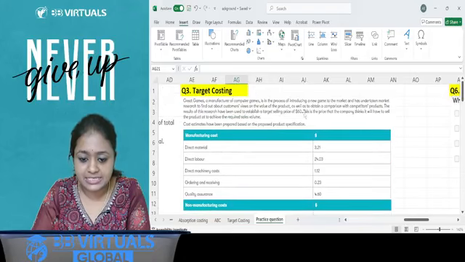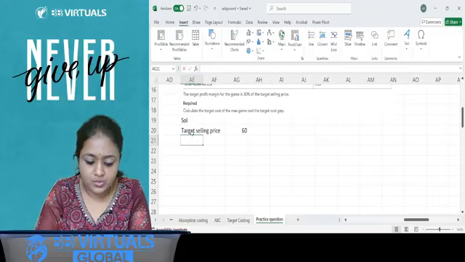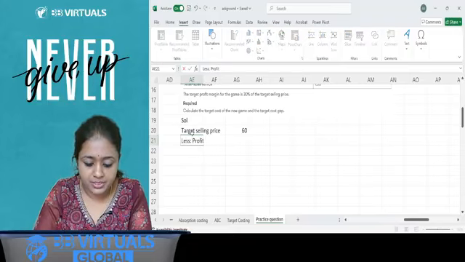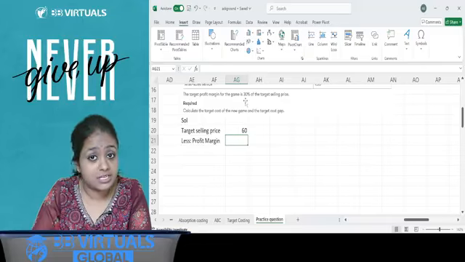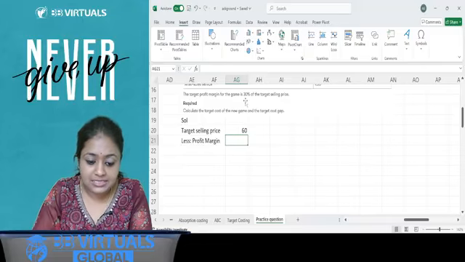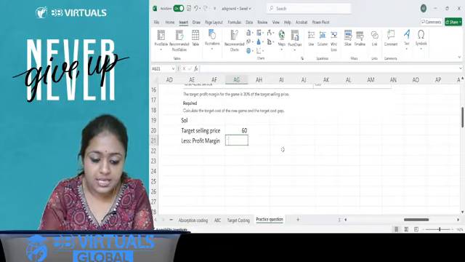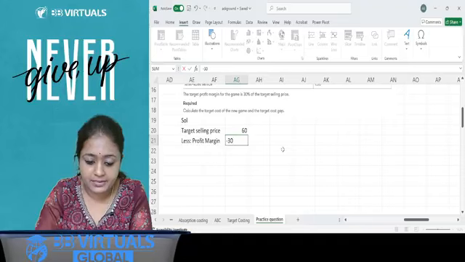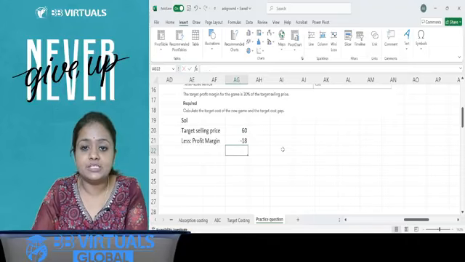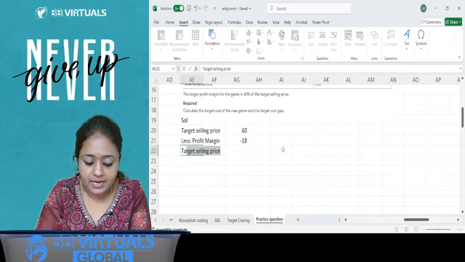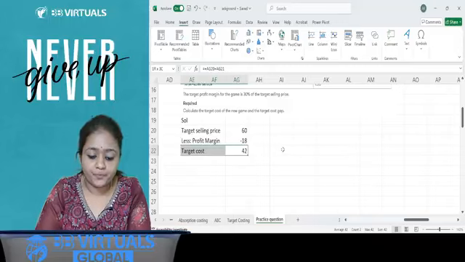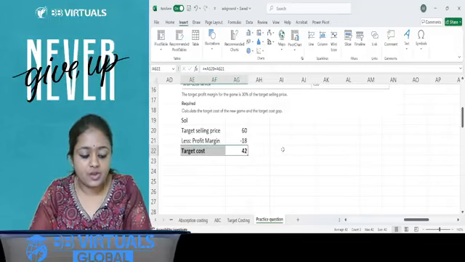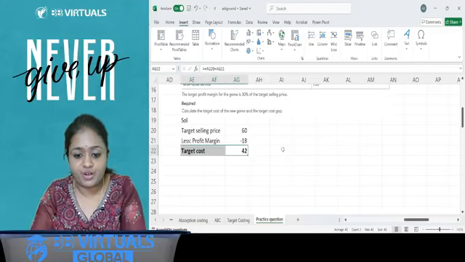Right? Here it is mentioned 60. Now let's reduce the profit margin. The question gives me the estimation that the profit margin is on sales, remember? So now that is 30% of the target selling price. So I will take 30% of target selling price, which is 18. So I get my target cost is 42. Clear till this point? So now we are absolutely clear that my target cost is 42.